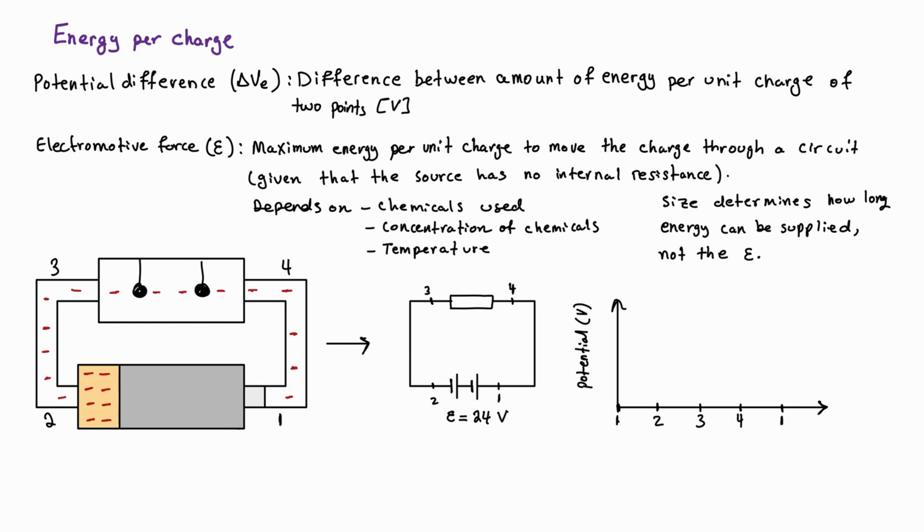What? So let's talk about this in terms of how much electric potential the charges have through the circuit. And we're going to start with this one. At this point over here, we got a lot of negative. Basically, this side of the battery is very, very negative.